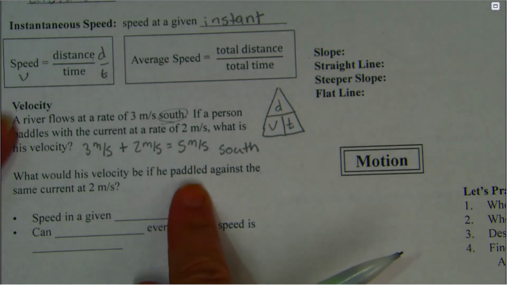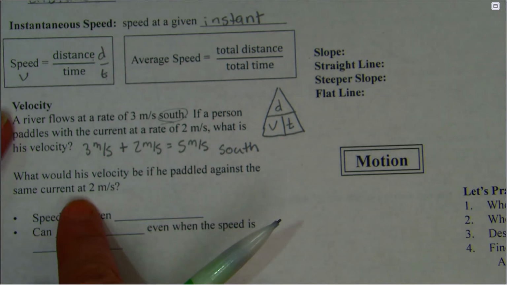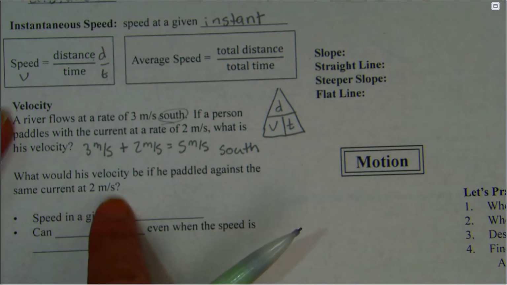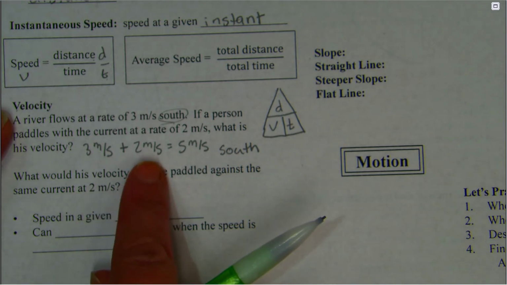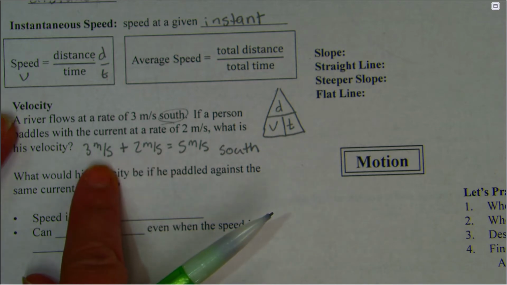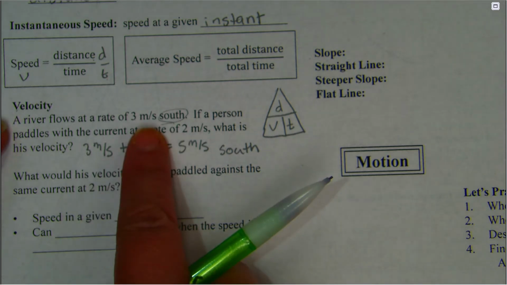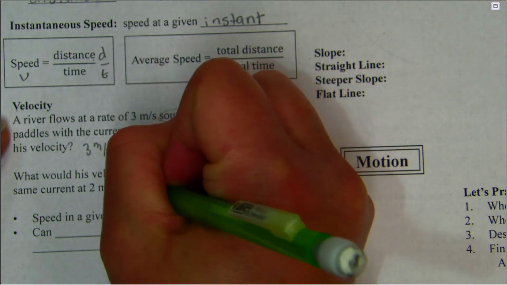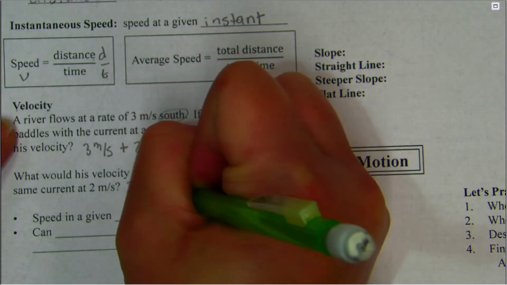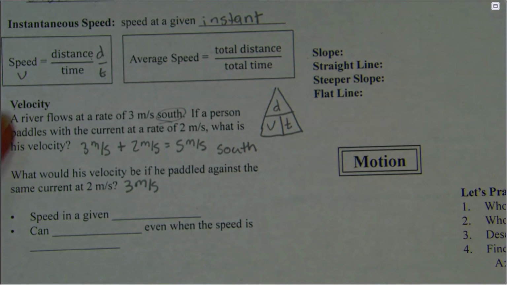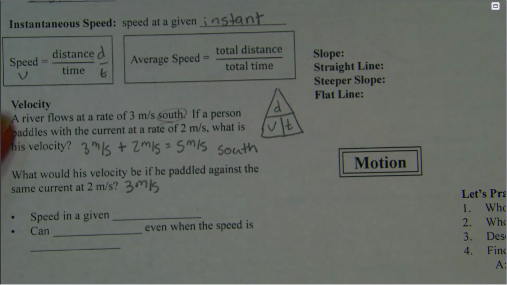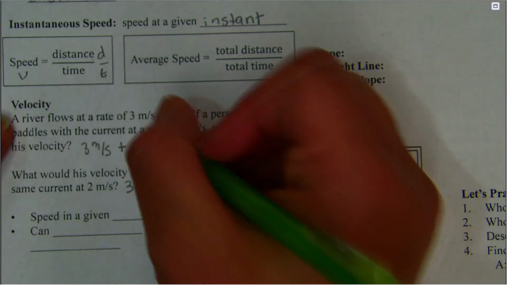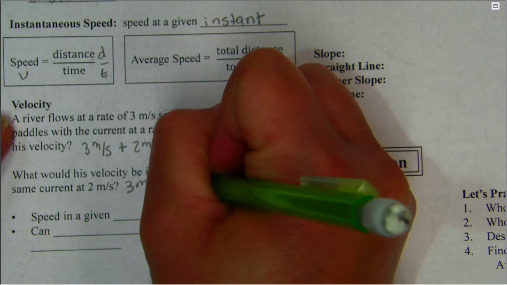What would his velocity be if he paddled against the same current? So now he's going home. He's going home at the same rate that he went, all right? And the river is still flowing south, but he's going the opposite direction. So when we have opposite vectors, if you'll remember from last quarter, Unit 1, opposite vectors subtract.